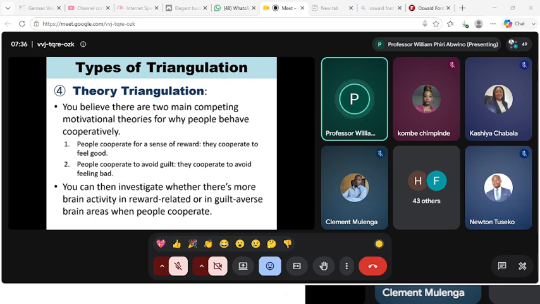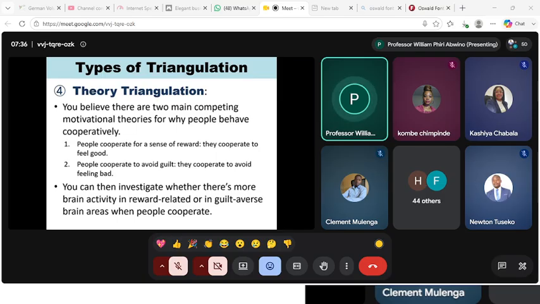So basically they cooperate to feel good, or sometimes people cooperate to avoid guilt. I'm sure you have seen in places of work where all of a sudden a labor leader or a very troublesome employee actually does cooperate.